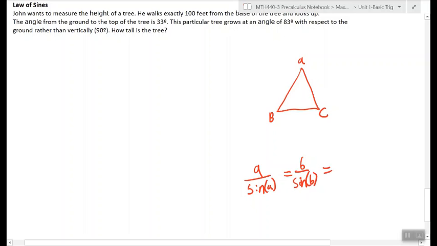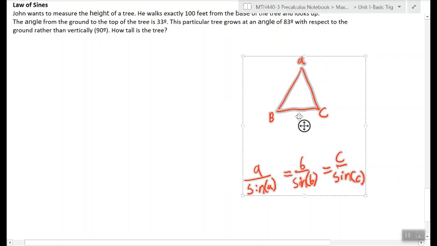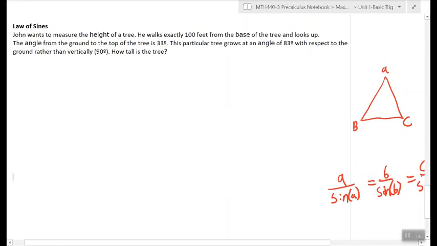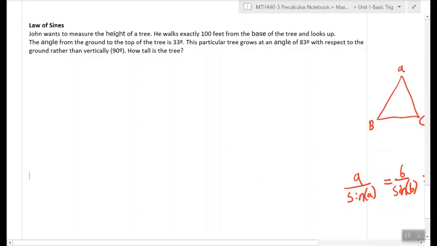Okay, so next problem is law of sines, and the law of sines states that in a triangle with sides A, B and C, A over sine A equals B over sine B, which is equal to C over sine C. So in this word problem, John wants to measure the height of a tree.